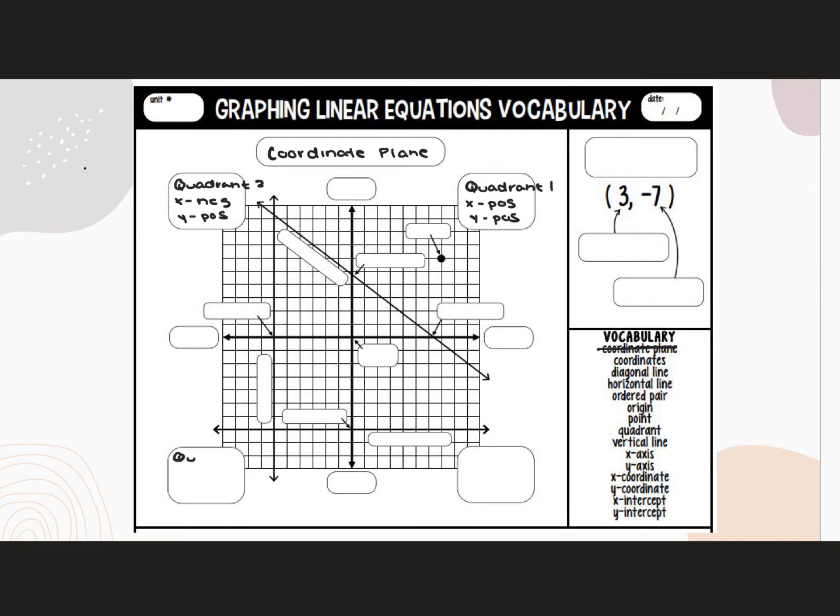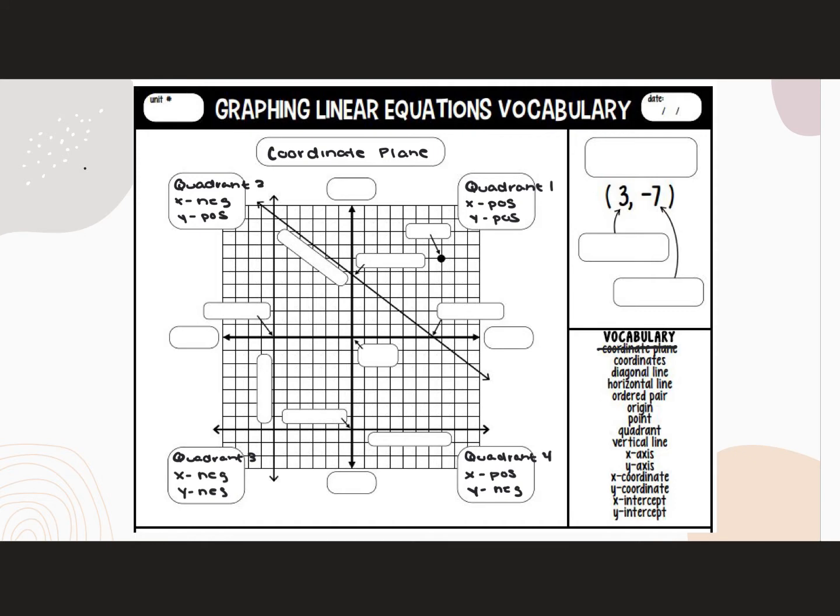Then you have quadrant 3, where both your x and your y are negative. And you have quadrant 4, where your x is positive and your y is negative.